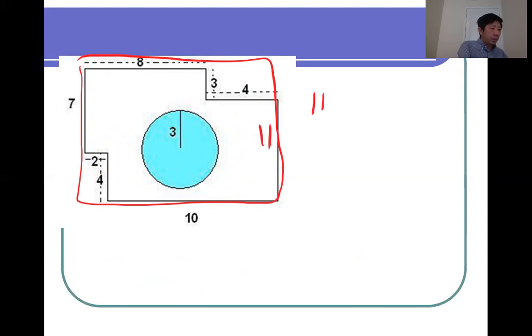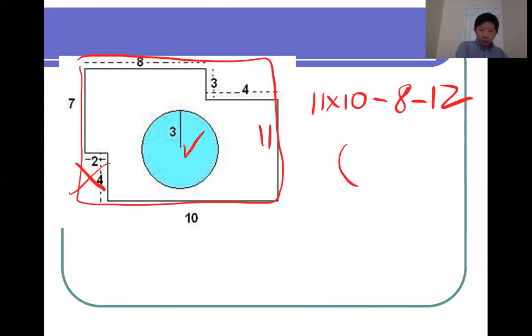Now we minus 2 by 4, which equals 8, right? And minus 3 by 4, which equals 12, right? And then next, minus a circle.